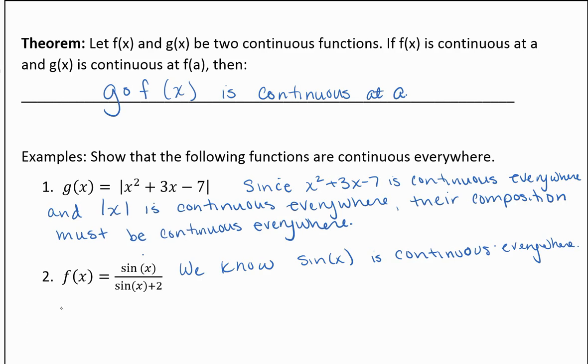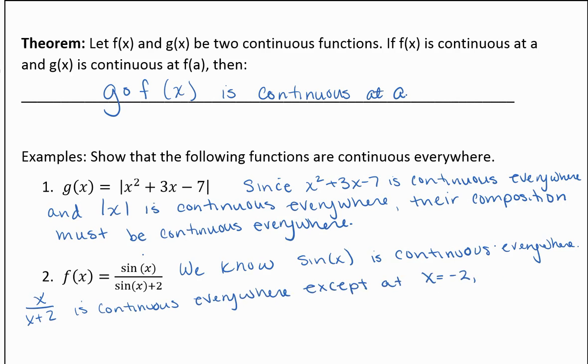And then we would want to look at x over x plus 2. Well, x over x plus 2 is continuous everywhere except where it's undefined at x equals negative 2.